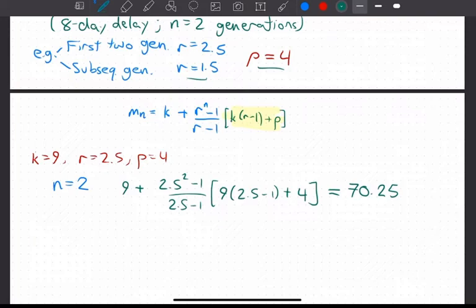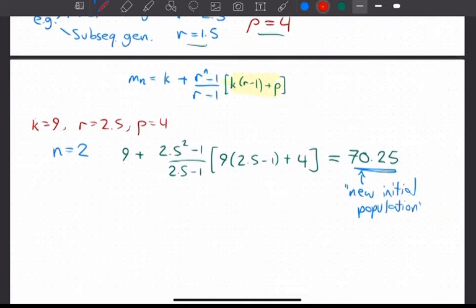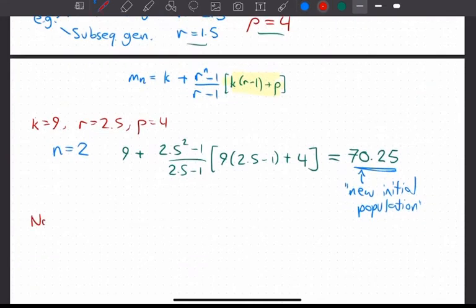Okay, and now what? So now we're saying that 8 days from now, this is the new initial population. That's when we get serious, but this is the number of cases already in the population. So now we want to work with K is 70, and we're interested in what happens.